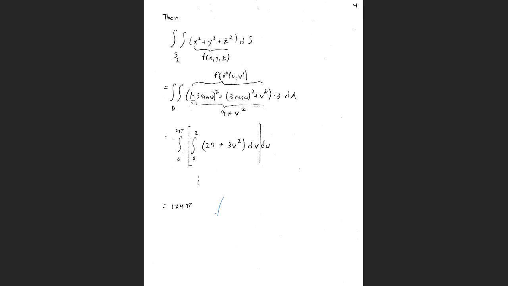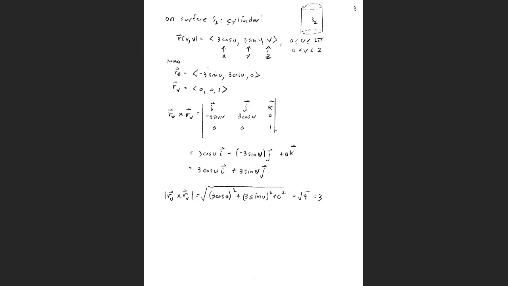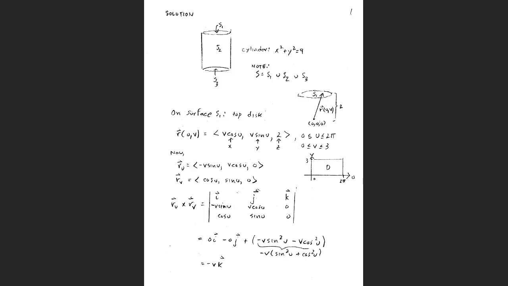We got the bottom disk. So let's go to the bottom disk. If I just go back here to the picture. The top disk had this parameterization, right?